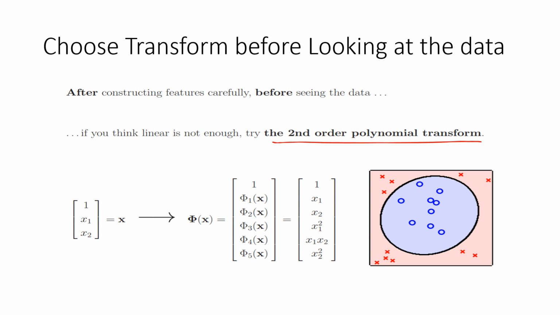But if you have created features, you have feature construction done, and you have some domain knowledge, and you know that you need more flexibility in terms of the problem itself, and you think linear is not enough, then the second choice should be the 2nd order polynomial because most likely that is going to help. That seems reasonable, I would say, as you can see in this picture.